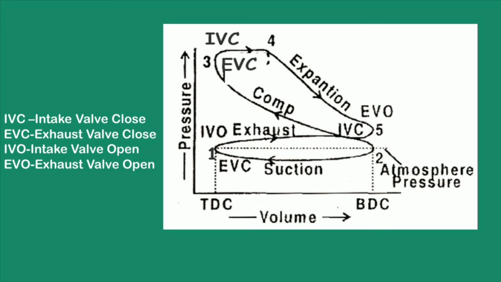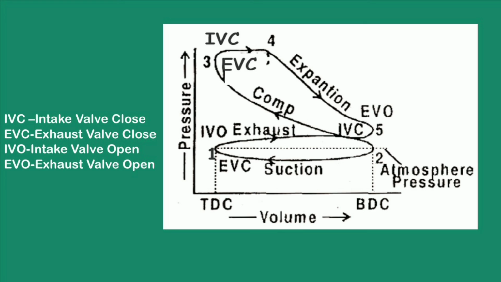At the end of the expansion stroke, the exhaust valve opens and the exhaust stroke starts from 5 to 1. As the charge inside the combustion chamber is at a higher pressure than the atmospheric pressure, the charge is pushed out from the combustion chamber to the atmosphere.